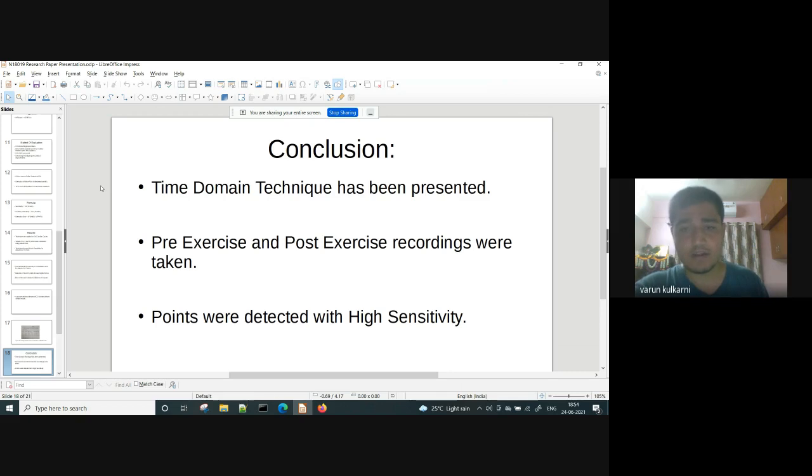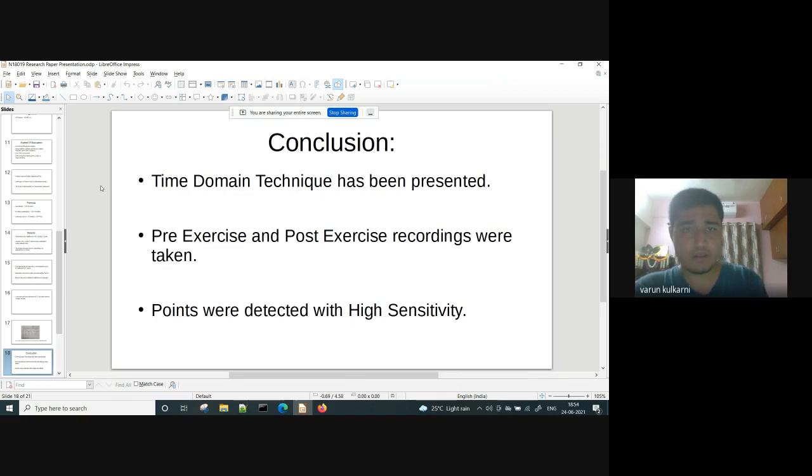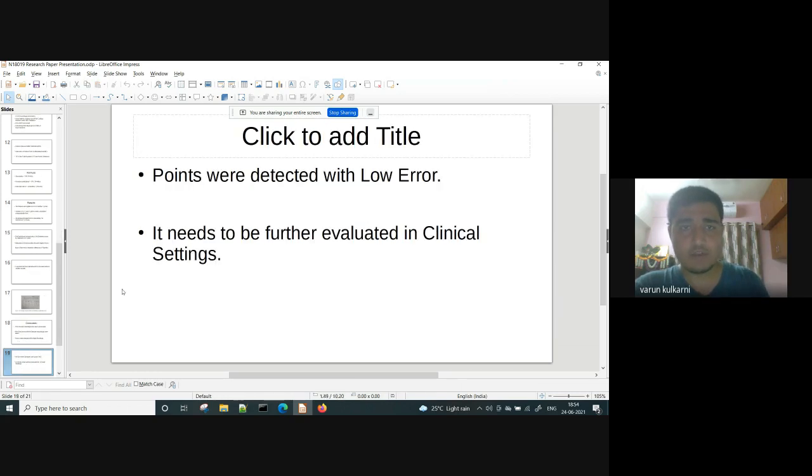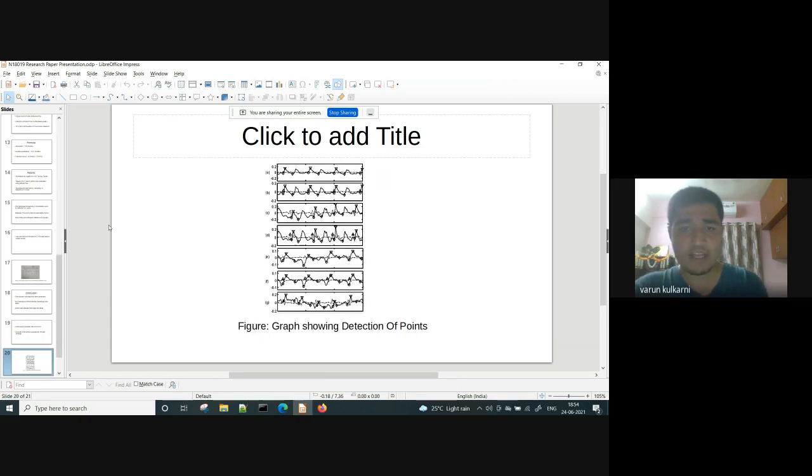It needs to be further evaluated by applying it on recordings in clinical settings for estimating the stroke volume and the cardiovascular indices. Here we can see a graph which shows the detection of points.